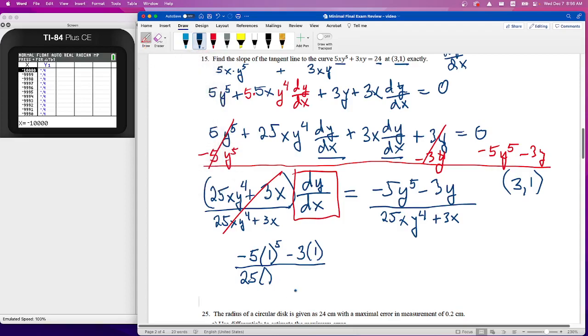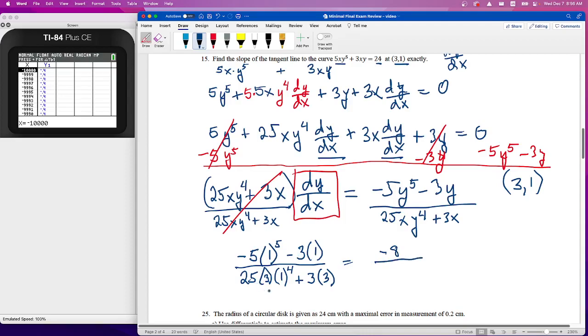And then y is 1, so that's kind of nice because y is the one that has the exponent on it. And then we've got a plus 3 times 3. Okay, so we get negative 5 here, right, because 1 to the 5th is still 1. Negative 5 minus 3, that's going to give us negative 8.